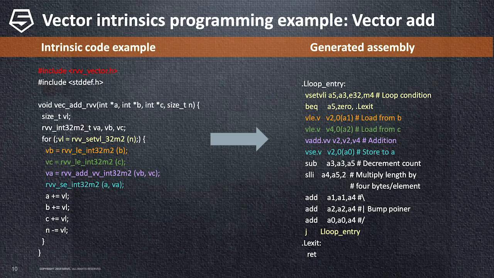I'm not going to go through lines of code here. The point I really wanted to show is I made the claim on the last slide that we've developed vector intrinsics support, and this just gives you a quick snapshot of an example vector addition implementation using the intrinsics on the left.